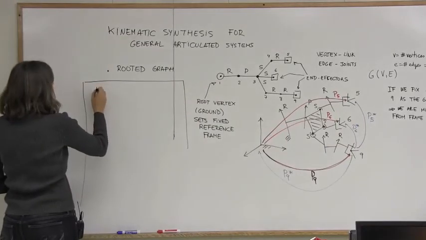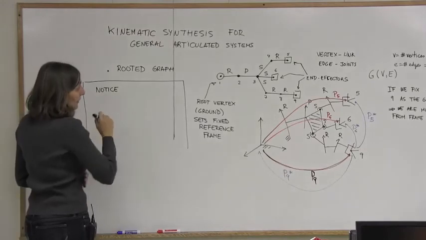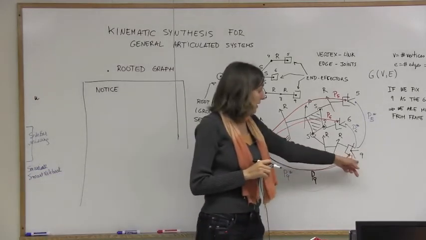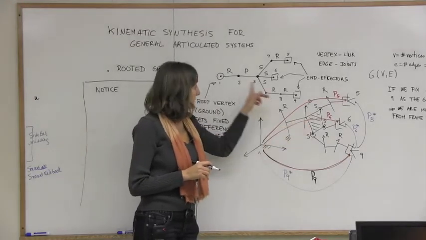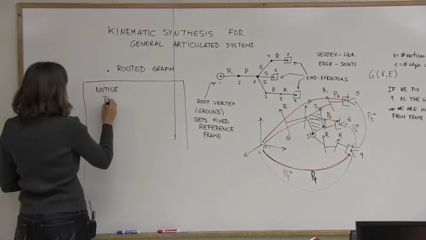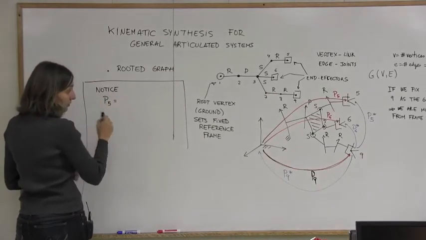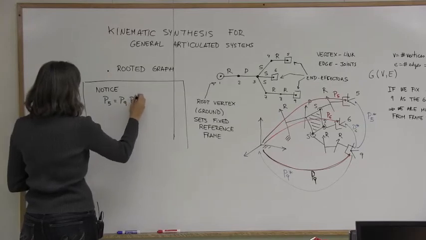So notice, and I don't have colors here, but the ones that have a star are measured in the 9 frame, the ones that don't have a star are measured in the 1 frame, okay? So P5 we can create as the product of transformations, and that will be P9 times P5 star.